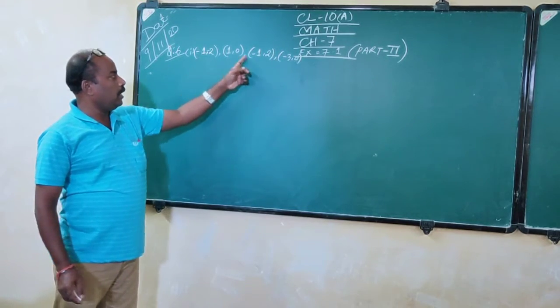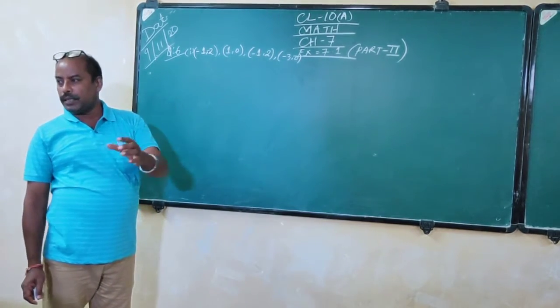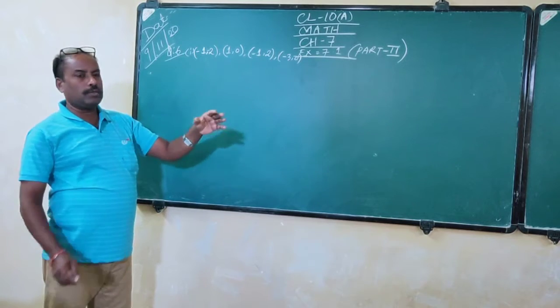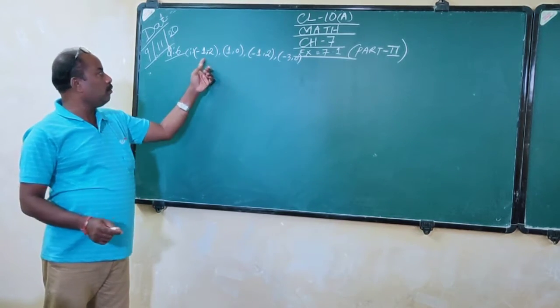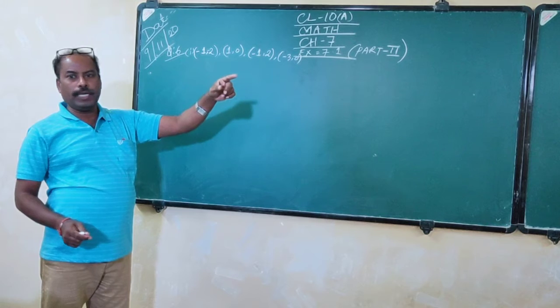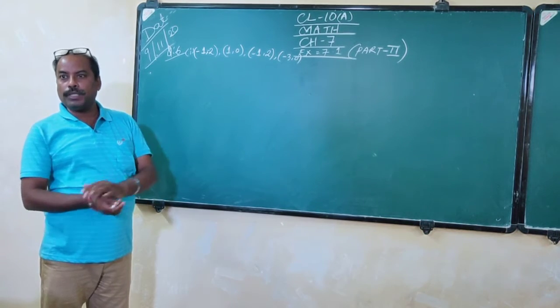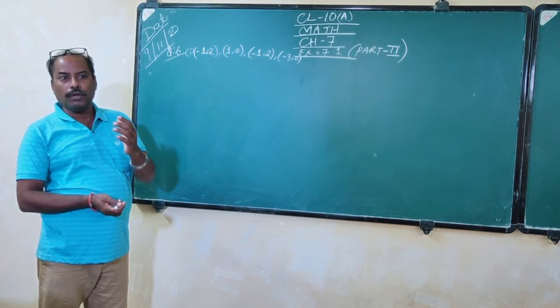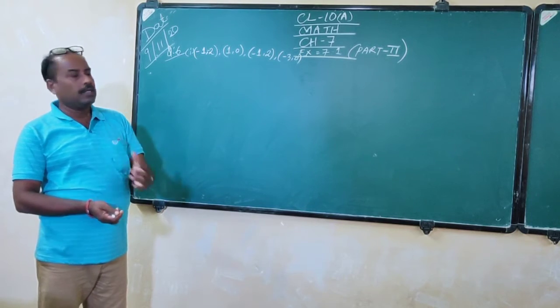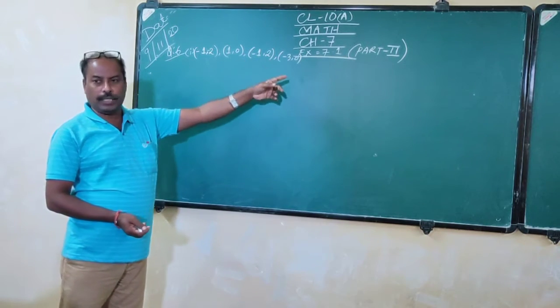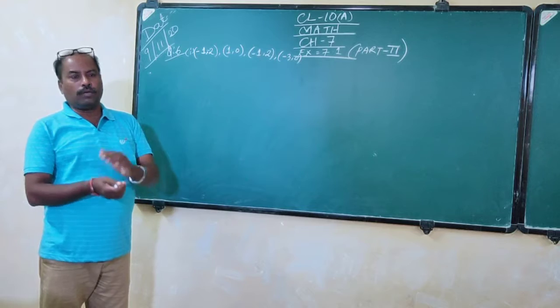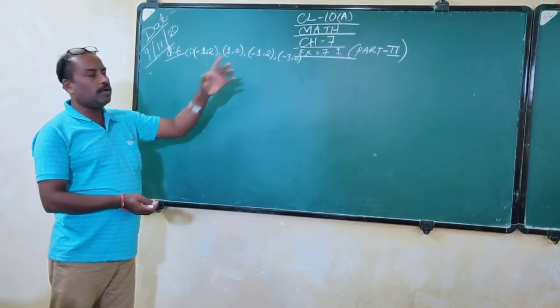If these are the points, then show that these are the vertices of a quadrilateral. Quadrilateral means what? Four sides or four vertices. So you have to show what type of quadrilateral is made by these four vertices.